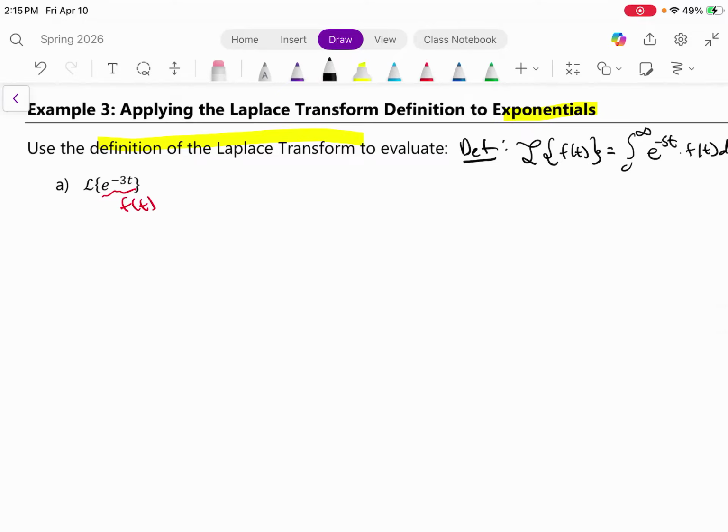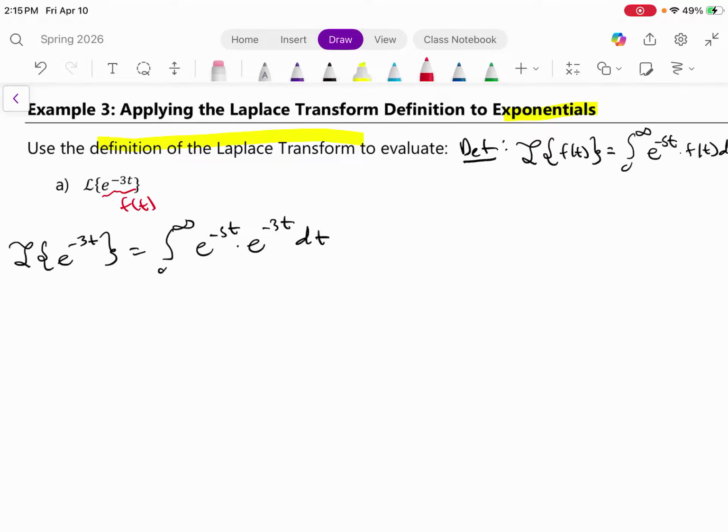So the Laplace of e to the negative 3t, well, that's the integral from 0 to infinity of e to the negative st times e to the negative 3t dt. Okay, so let's see, we both have exponentials here, base e.